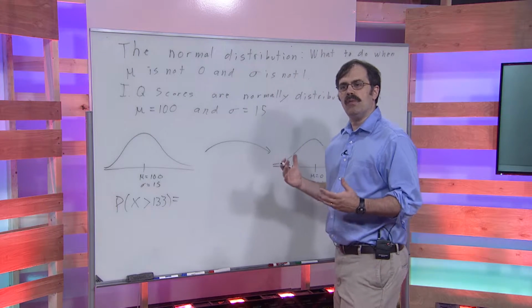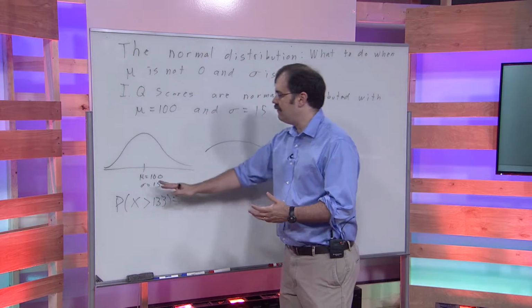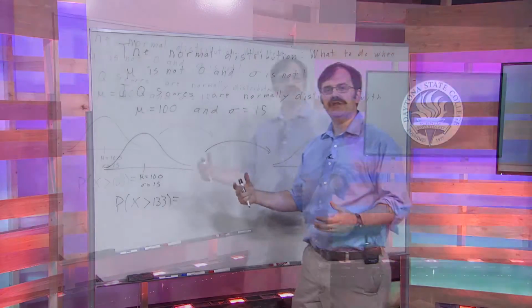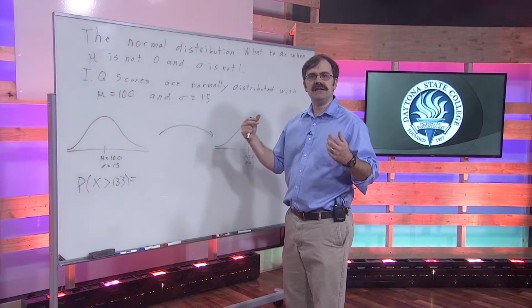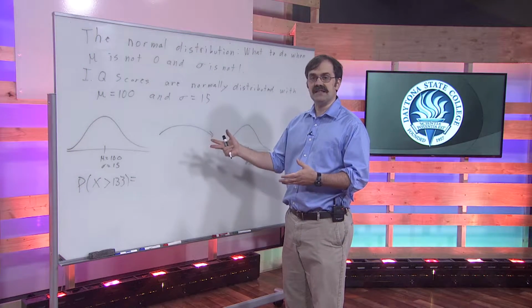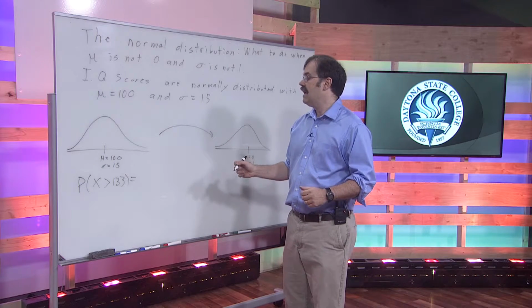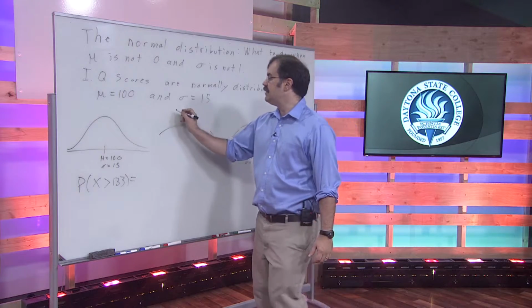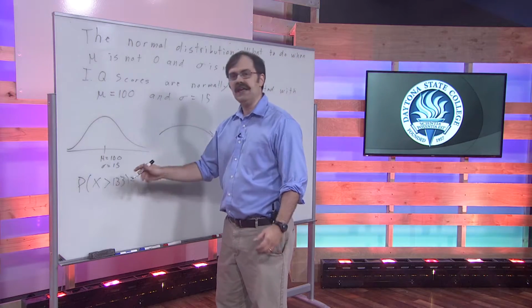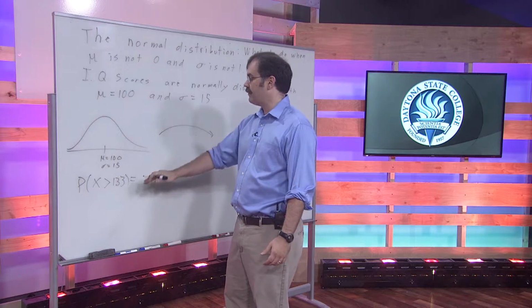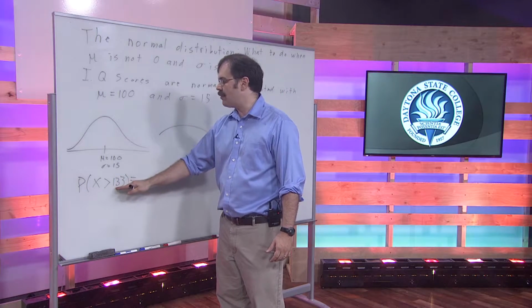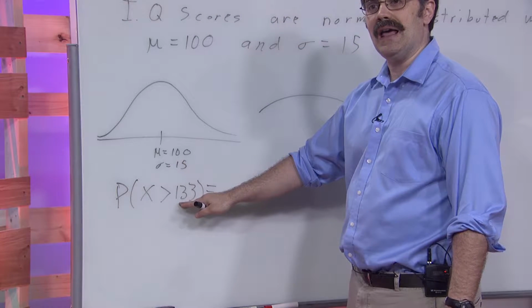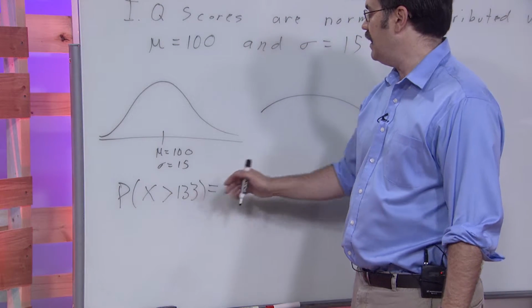Now, what we want to do is convert this into an equivalent question that asks the same thing, but about z-scores. And the way that we do that is we use the values here and convert them to z-scores. For example, what is the z-score that corresponds to an IQ score of 133?